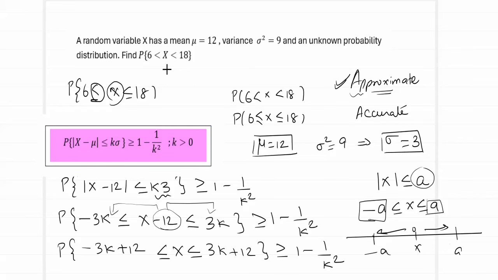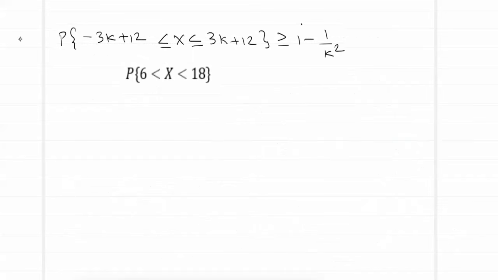We will compare the given question with the obtained format of Chebyshev's inequality. Now, we have probability of minus 3k plus 12 less than x less than 3k plus 12 greater than or equal to 1 minus 1 by k square, by Chebyshev's inequality.